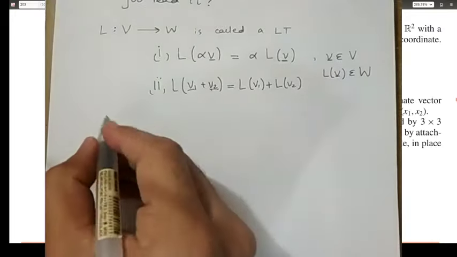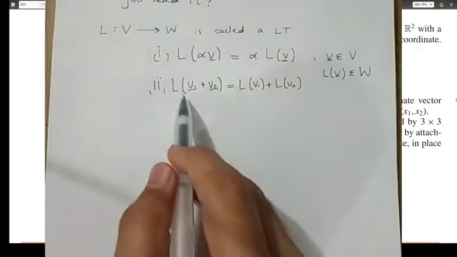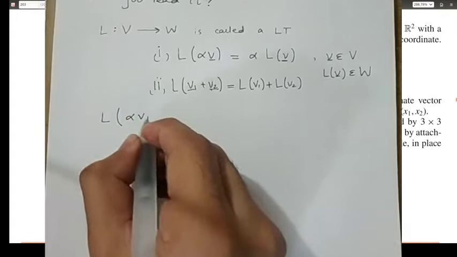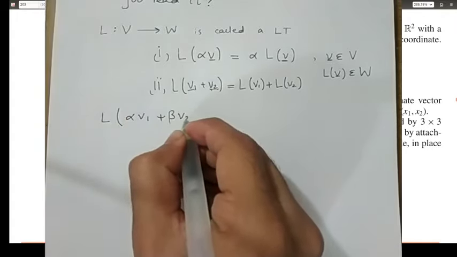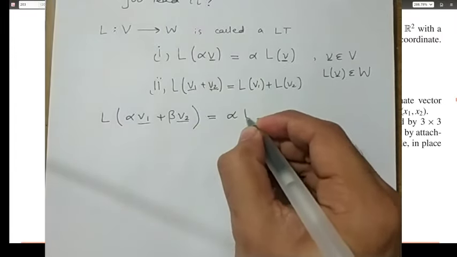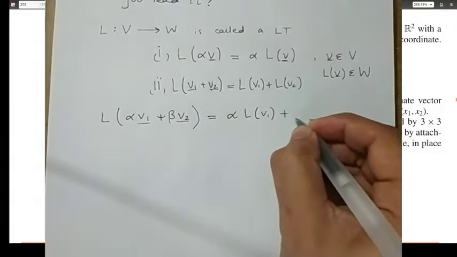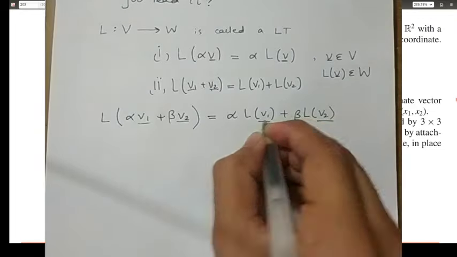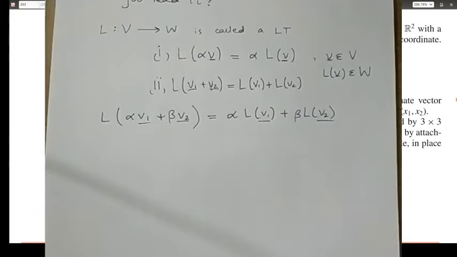And so if we write these two together, they're basically saying that a linear combination in the first space should map onto a similar linear combination in the second space. That's something that we discussed in the last video.